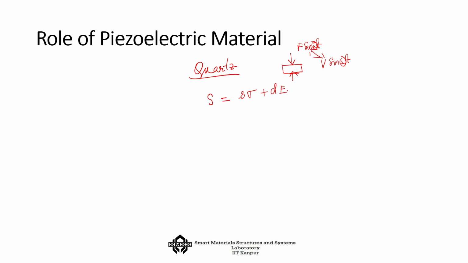And you have another one, D equals d sigma plus epsilon times the electric field intensity. These are the two constitutive equations of piezoelectric material. So, this is strain. I will come back to all these equations at a later stage. I am just telling you how you can use it, and this is electric field displacement.